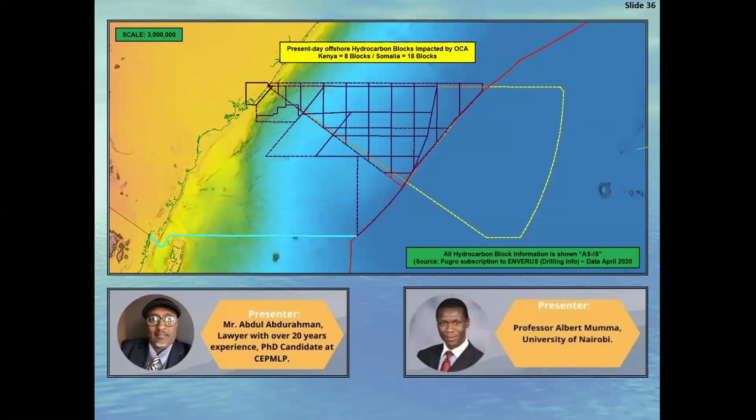But from the Somali point of view, they believe that they have sovereignty and exclusive jurisdiction in this area, and that Kenya had issued concessions in this area to foreign oil companies that have started operations. So within that background, there were some negotiations that took place to settle these contested claims between Somalia and Kenya.